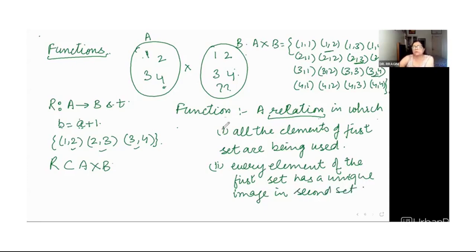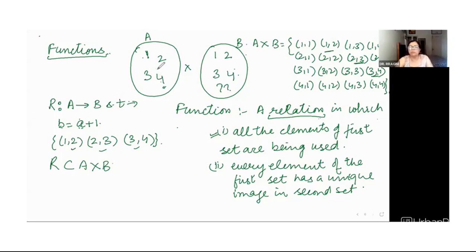Now, how do we check this? First of all, you have to check whether this given relation that we have taken as an example is a function or not. So now we go by the 2-point test. The first point is all the elements of the first set are being used. Now the first set here has 4 elements.